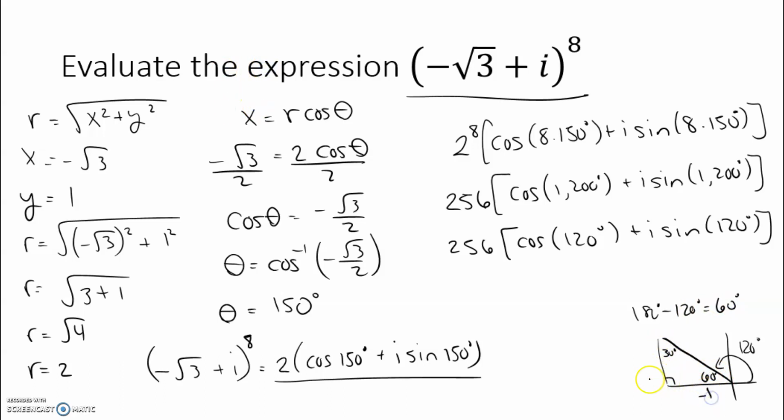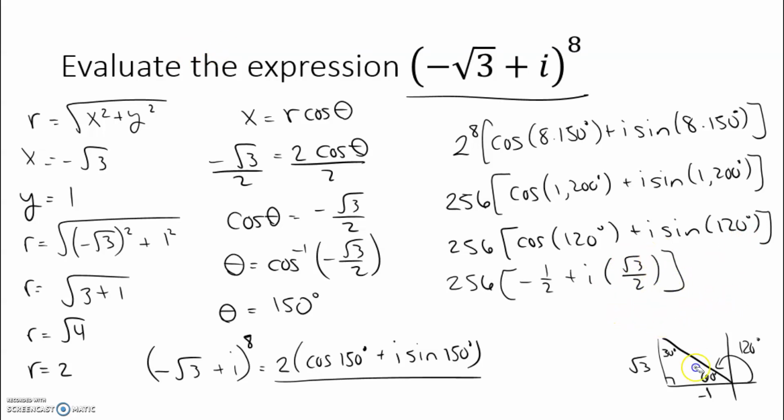So this is negative 1, that's square root of 3, and this is 2. So 256 times cosine of 120, which is negative 1/2, plus i times sine of 120, which is the square root of 3 over 2. So I'll go ahead and get rid of this.